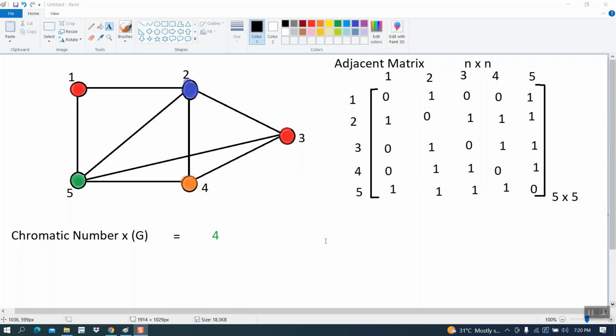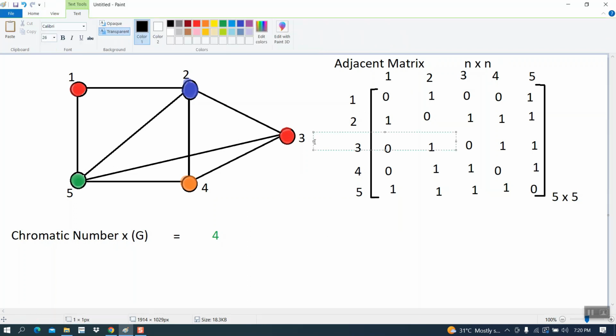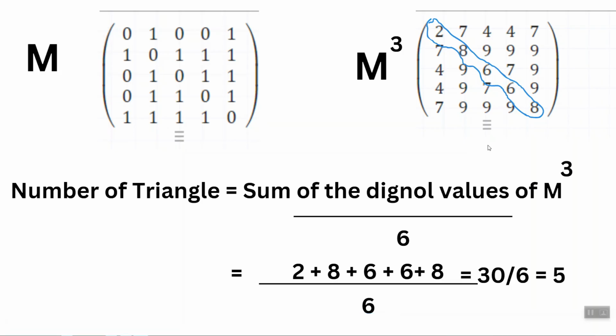With the use of a matrix multiplier, I am going to find the power of 3 of this matrix. I am going to call this adjacency matrix capital M. This is the matrix M, and here you can see the cube of matrix M.